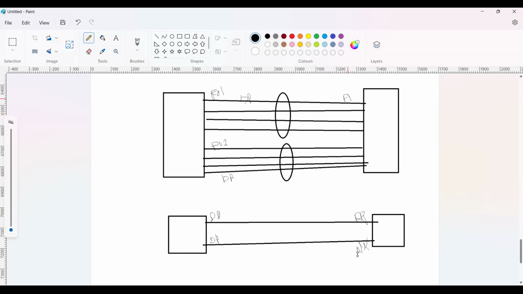You can assume this one is also an RP; based on port priority, it will be elected as the root port. Likewise, this is the physical view and this is the logical view of EtherChannel. Likewise, STP also works in EtherChannel.